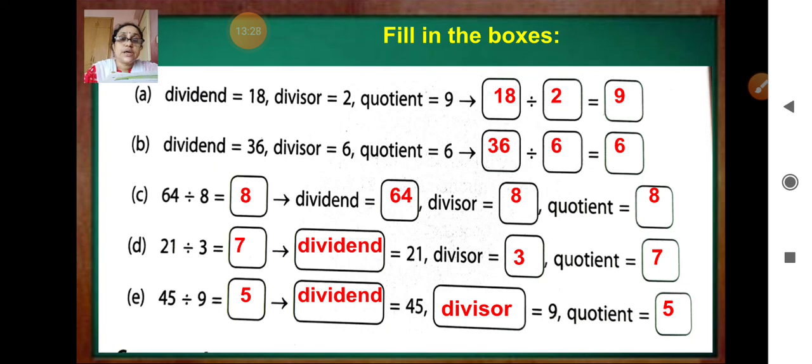Question E, 45 divided by 9 equals 5. 9 5s are 45. Yes, write 5 there. Then the arrow is showing you have to write dividend equals 45. Divisor equals 9. Quotient equals 5. Okay.